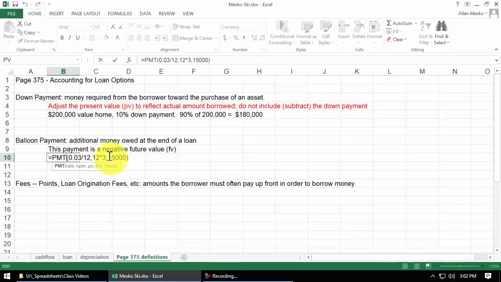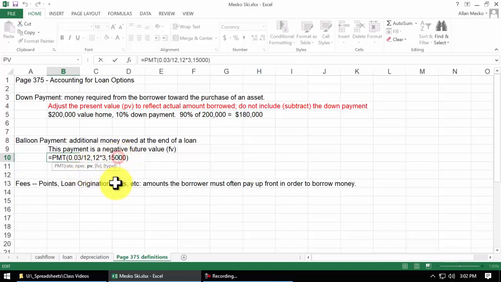Let's say a borrower needed $15,000 for a car, and they could get the money at 3% interest, paying monthly payments for 3 years. So our rate would be 3% divided by the number of payments, because remember, this is a rate per period. And then the number of periods is going to be 12 payments times 3 years. So that would be 36 number of periods.